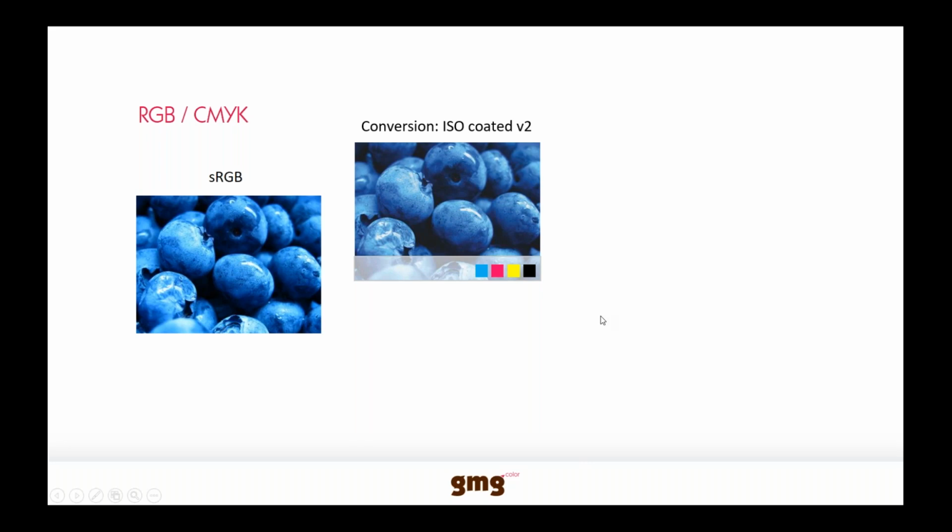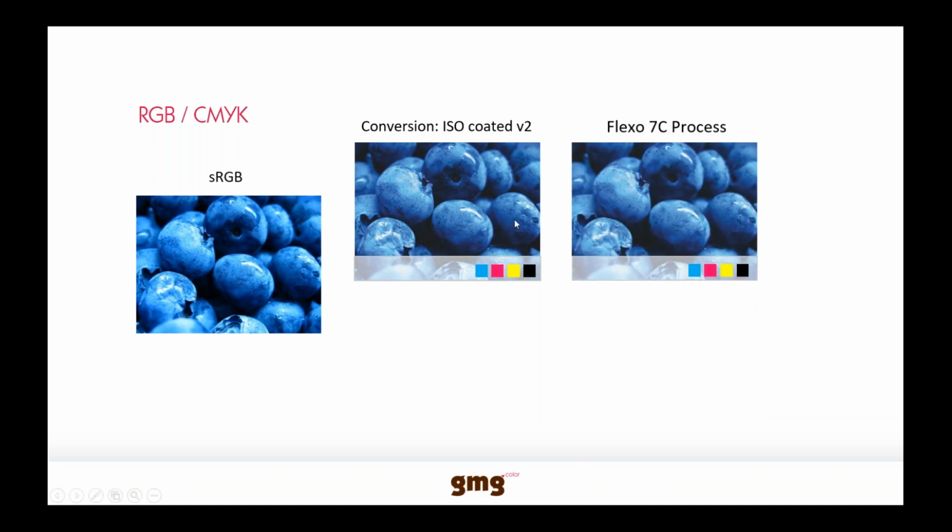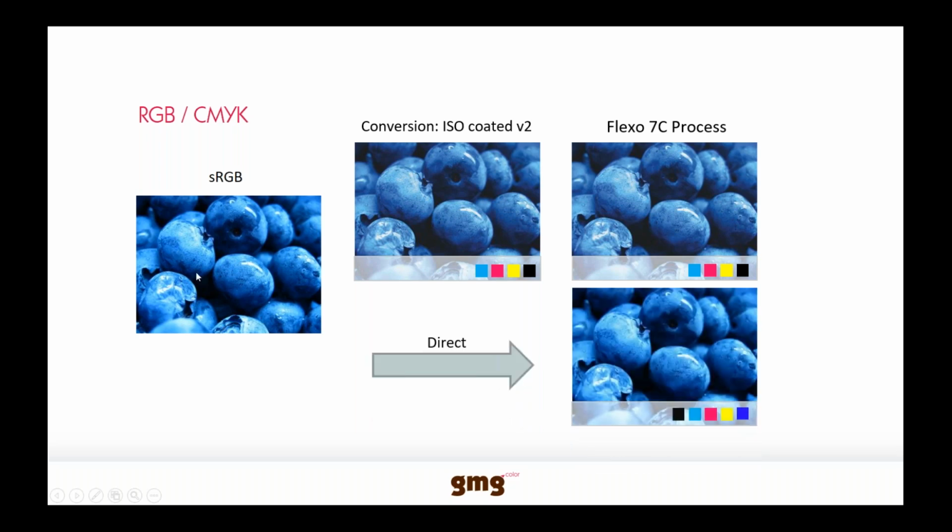And now you have a flexo ECG process, for example, which can print a much wider gamut in that area, but still the image is not as saturated and colorful as your RGB image because the target right now is ISO-coated. If you convert directly from RGB, of course your target is sRGB, and of course you are not as saturated and colorful as an RGB color space, but more than over the ISO-coated area here. So that's the big advantage of converting directly from sRGB into a 7C process.